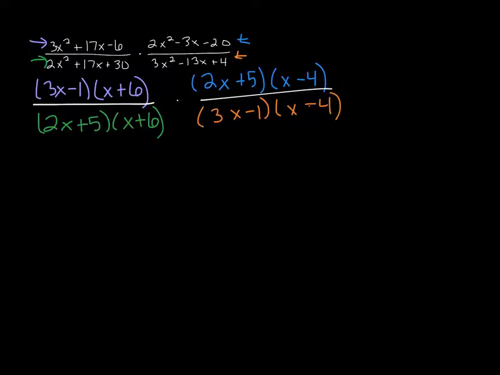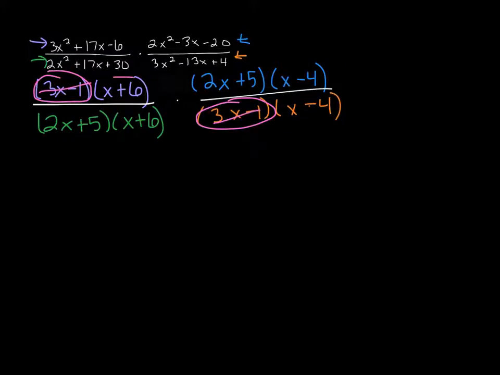Okay, now that we've got everything factored, let's look for our groups that are the same. Remember, we cannot split groups up, but we can take the whole group away if it matches. Well, we have 3x minus 1 here and here. One's on top, one's on bottom. So those can be crossed off.